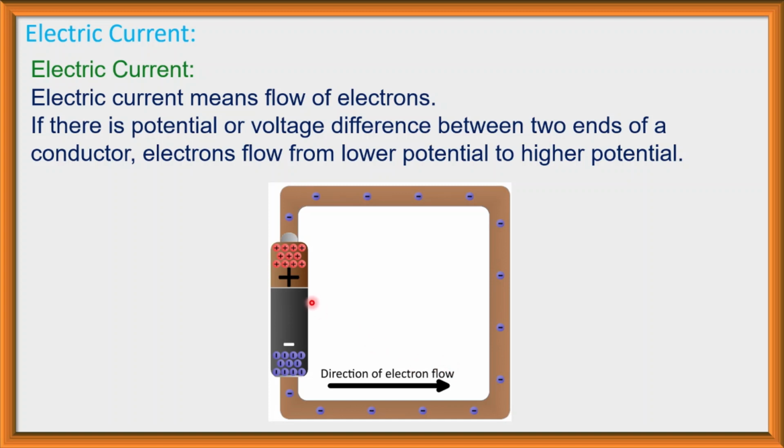And for this flow of electrons, we need potential difference. So if there is potential or voltage difference between two ends of conductor, electrons flow from lower potential to higher potential, and this is the electric current. That means flow of electrons is electric current.